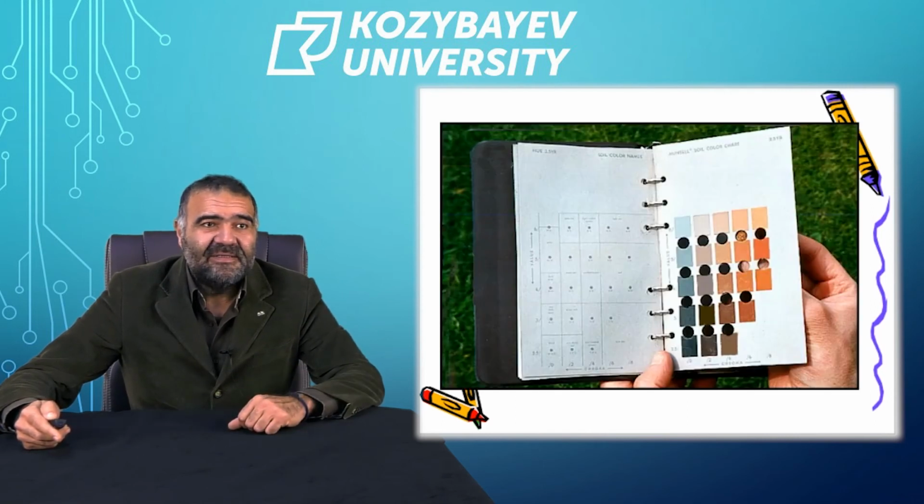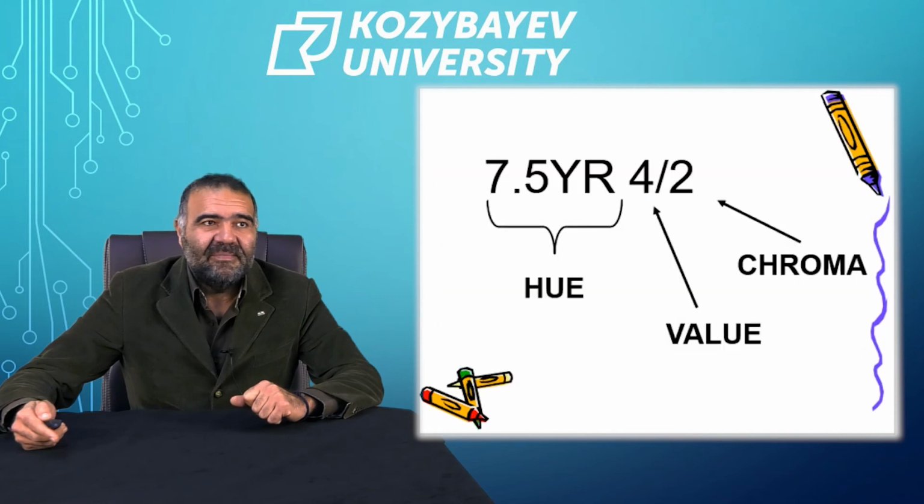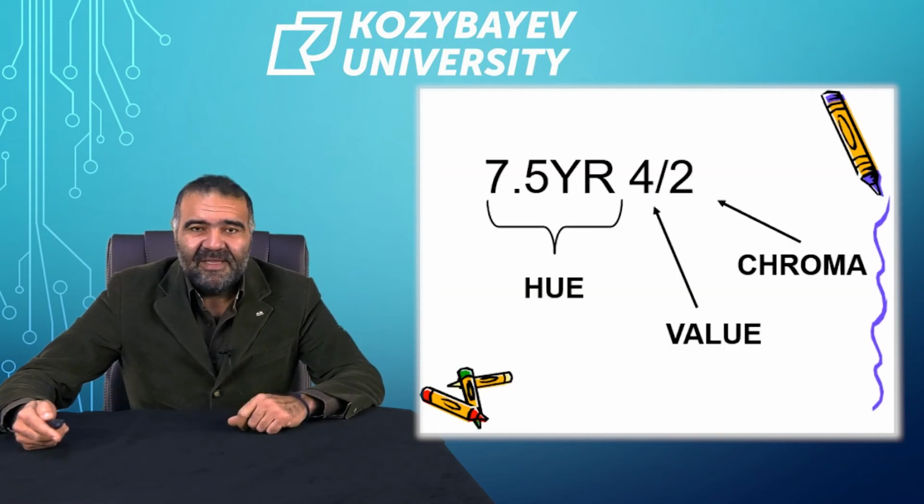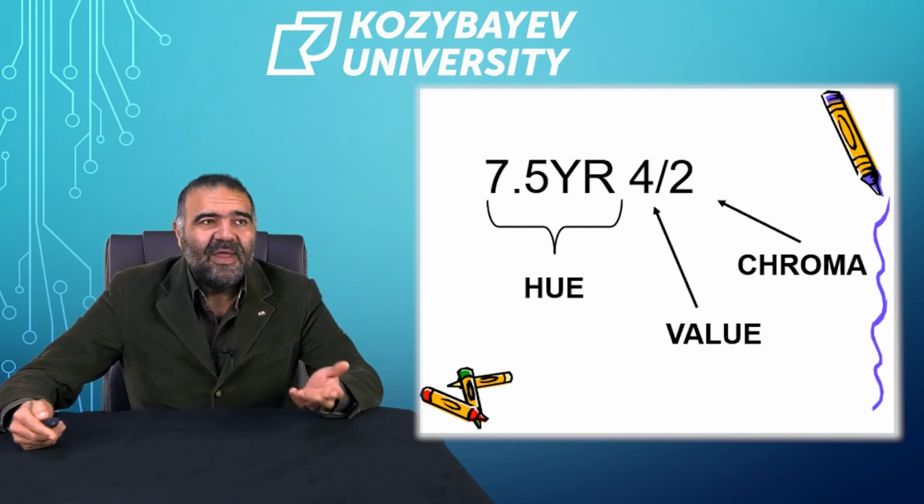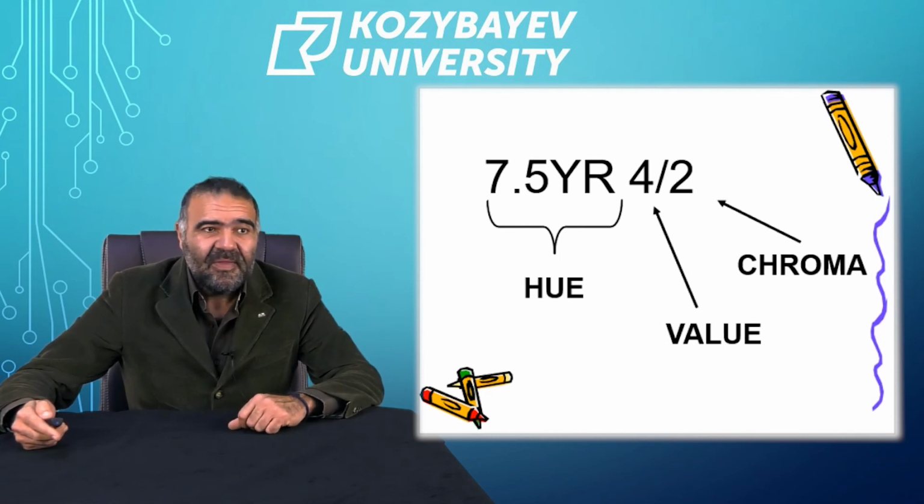So we find the right color, and then we can translate it according to our system. This is an example of the color we have found. In this example, we have 7.5 YR. That is the hue.